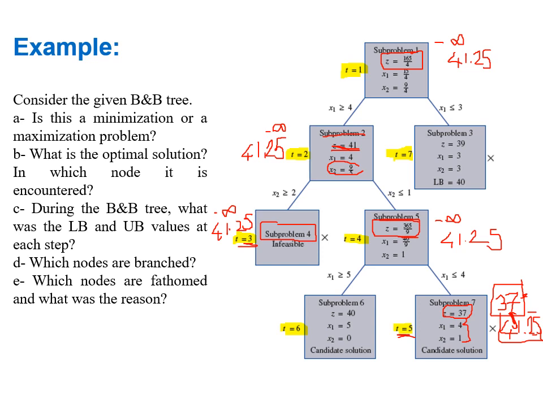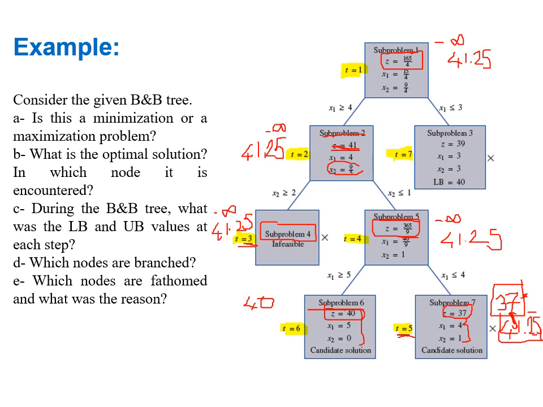So in the next step, we continue with subproblem 6, and we see that this is also an integer feasible solution. Its objective function value is 40. The previous best solution was 37. For a maximization, 40 is better, so we update the lower bound from 37 to 40. Subproblem 3 is still unexplored, and its best possible value comes from its parent.